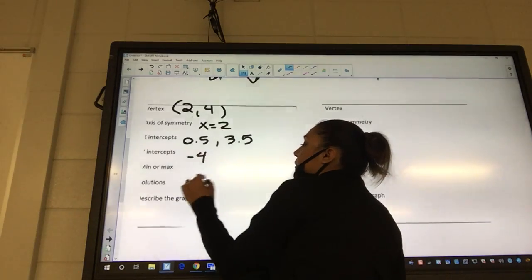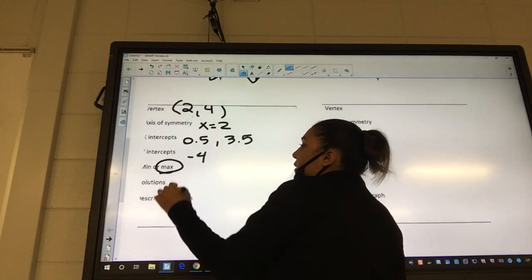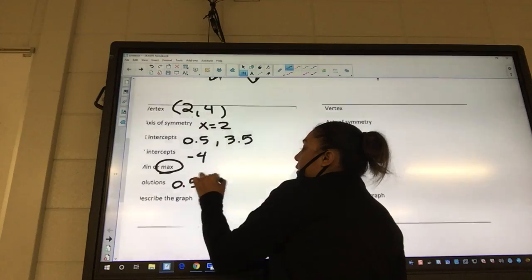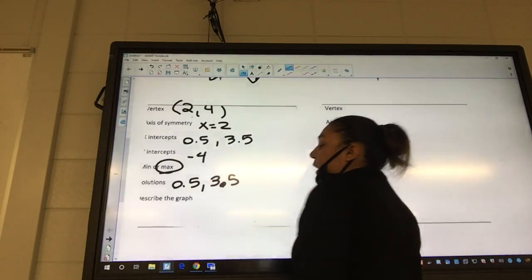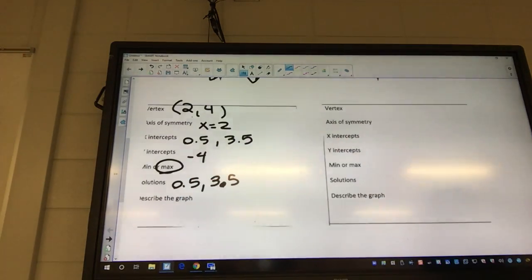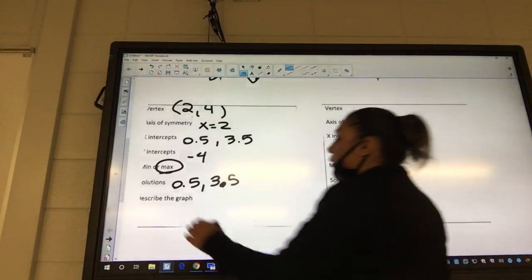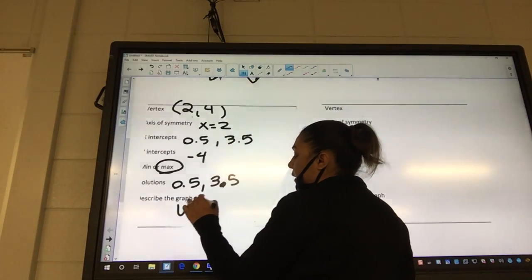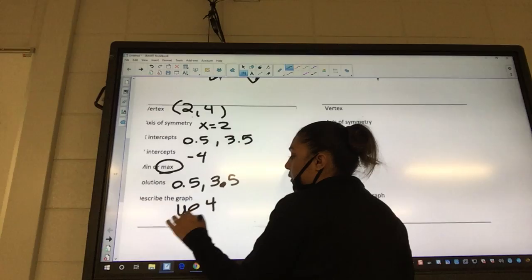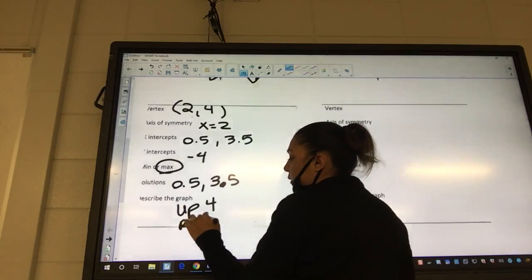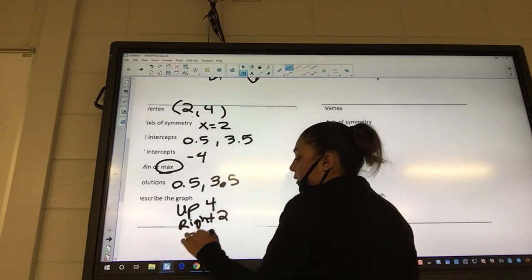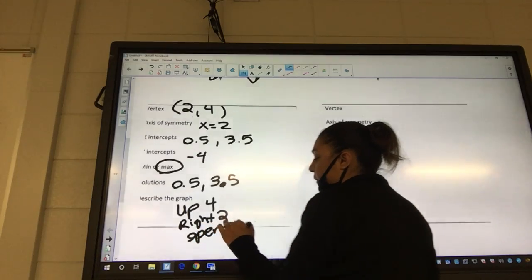Min or a max? Max. Solutions. 3.5. And describe the graph. Up 4, right 2. Opens down.